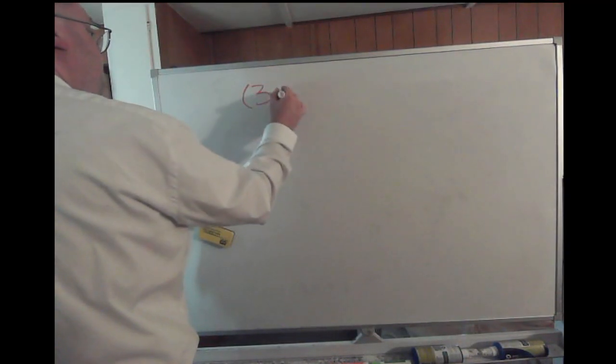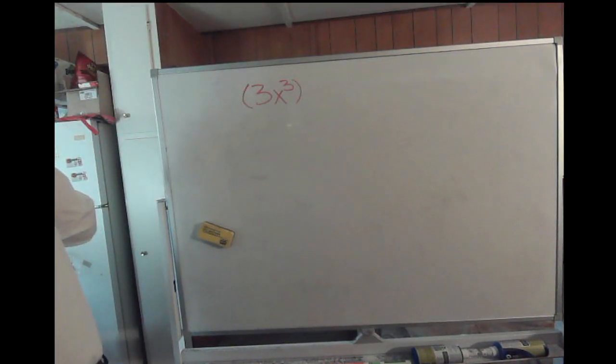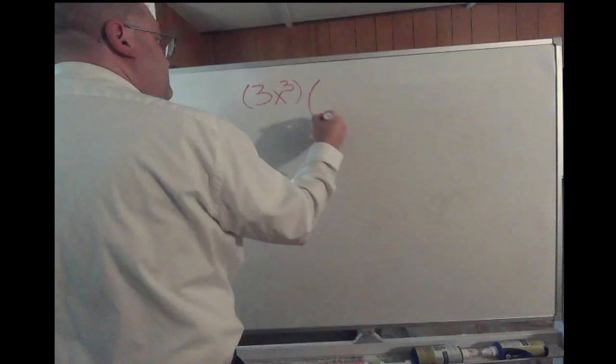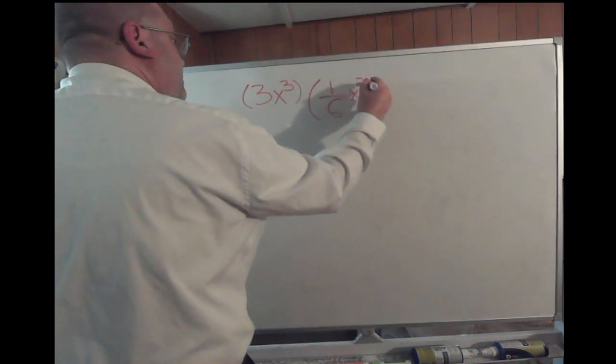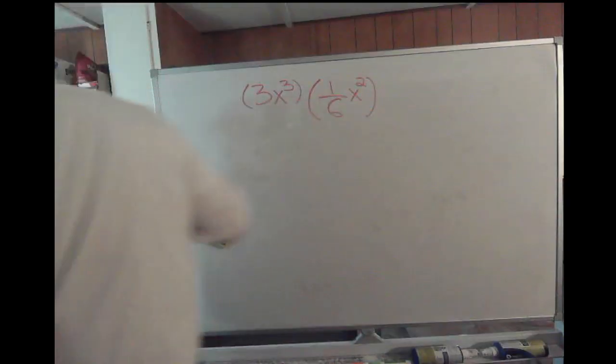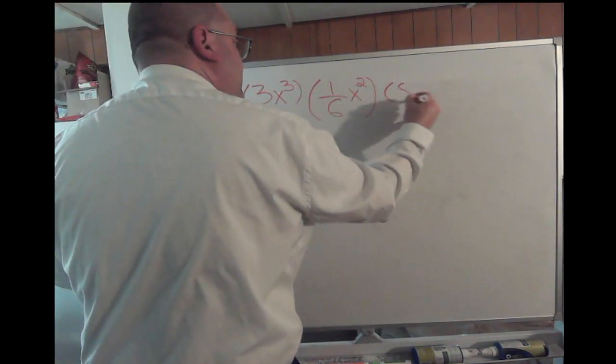Let's see. We got 3x cubed times 1/6 x squared times 8x.